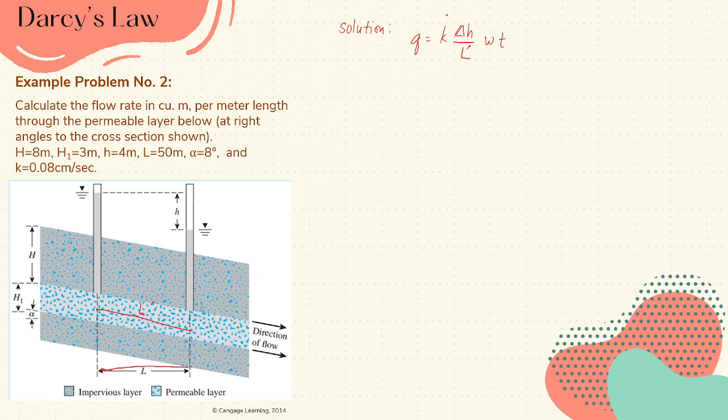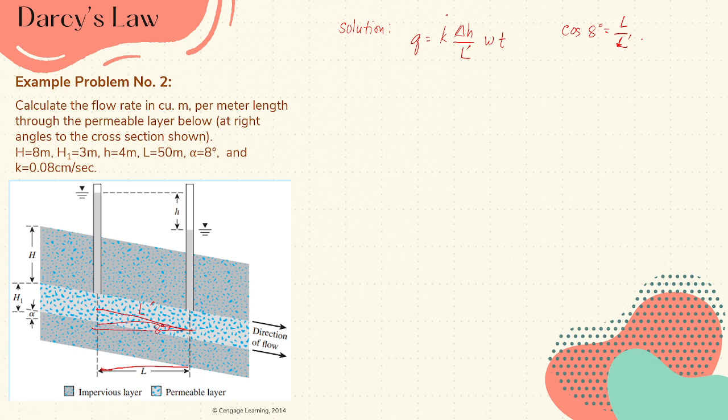So we can write cosine 8 degrees is equal to L all over L prime.